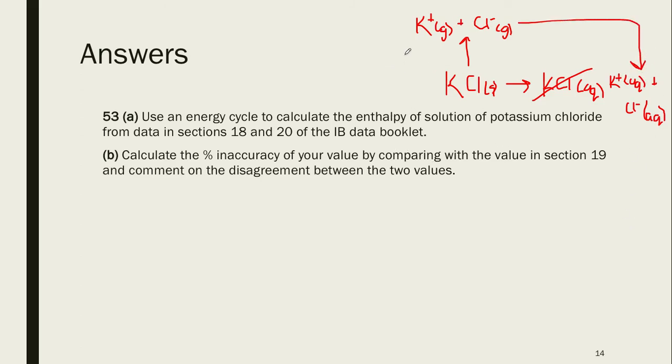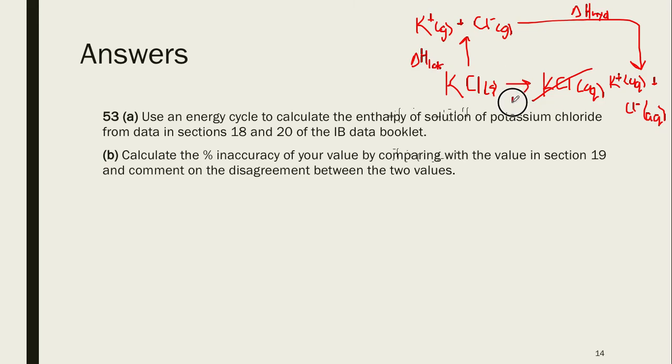So this first step, going up, that is our lattice enthalpy. You should find that in section 18. This arrow in the upper right, that is our enthalpy of hydration, HYD for hydration.